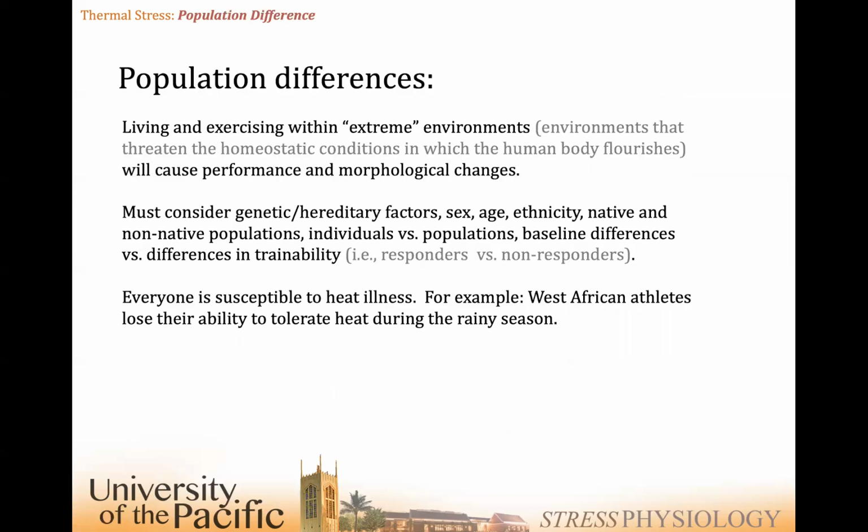Now, there's a lot of population differences getting beyond cramping, but everybody is susceptible to heat illness. I don't care where you were born. You're born in Saudi Arabia, and your entire life has been 100 million degrees. You're still susceptible to heat illness. You're never immune.